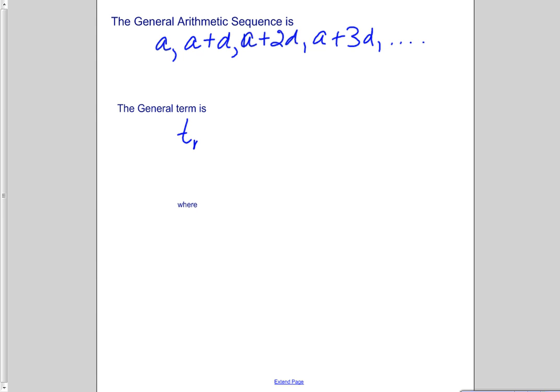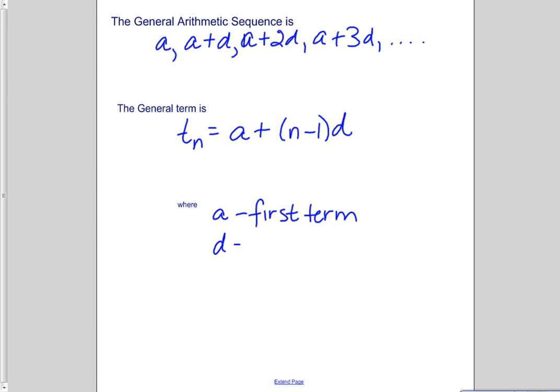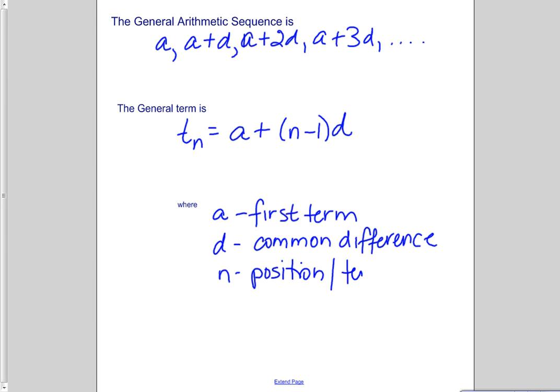And the general term would be the initial value and 1 less than the term of the common difference, where A is the first term, D is the common difference, N is the position or the term number, sixth term, seventh term, and T sub N is the value of the nth term.